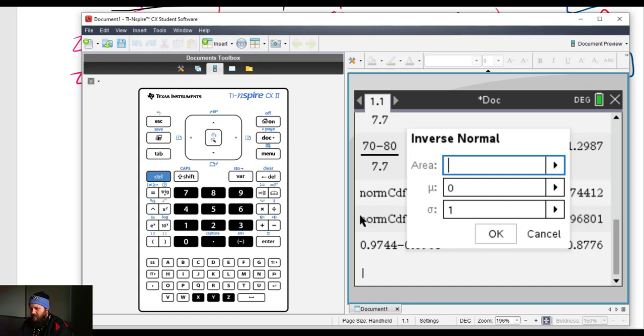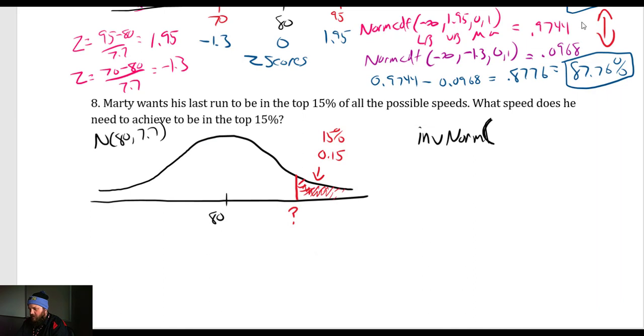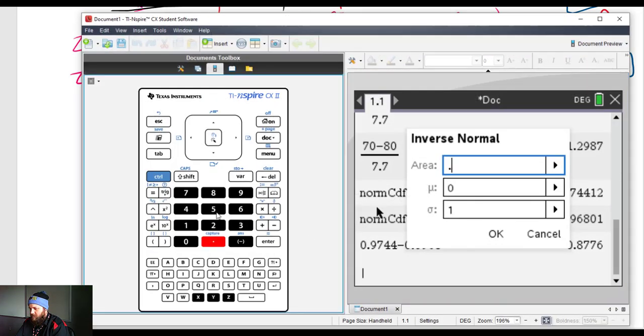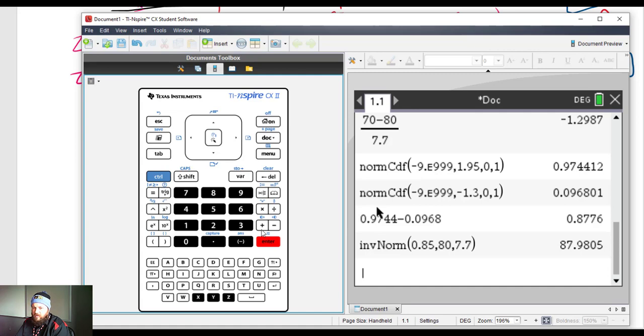Because inverse norm gives us everything up to that value. So the area is 1 minus 0.15, which equals 0.85. We put 0.85, our mean was 80, standard deviation was 7.7, and we should get right around 87.98.